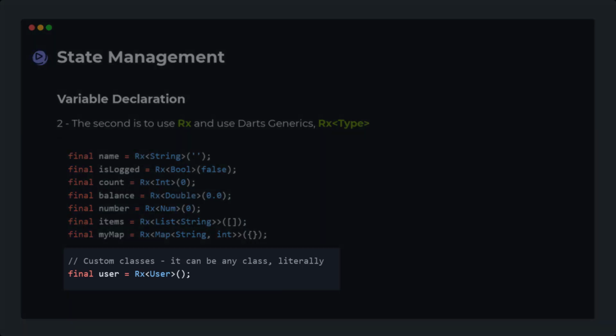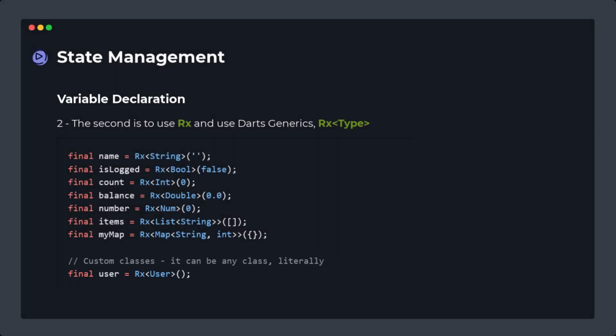Down below, you can see we have a user, which is a custom user class, but we make that observable. Instead of writing .obs, we are writing Rx, and in the brackets, we are passing our class. This means that we can easily convert any class into an observable class, and whenever there is a change inside that class, we will be able to trigger that change inside the UI.